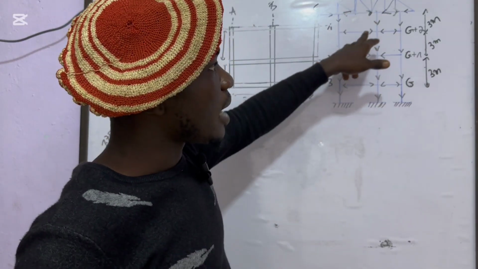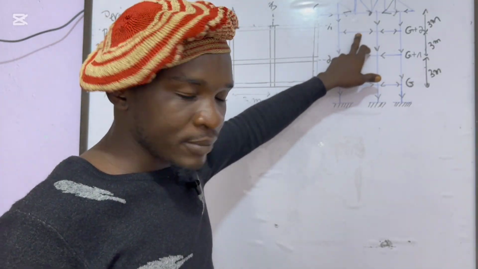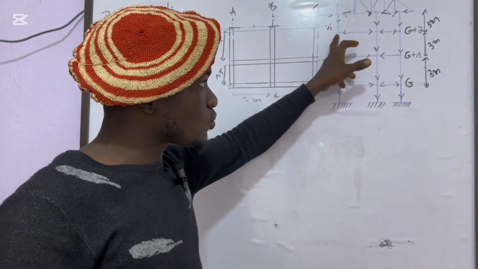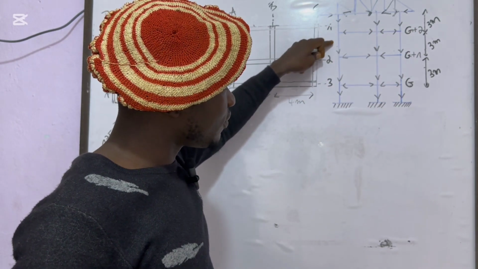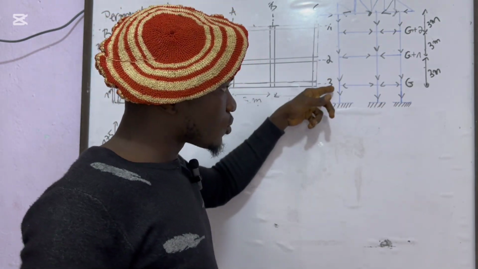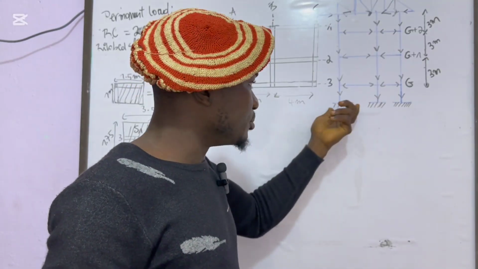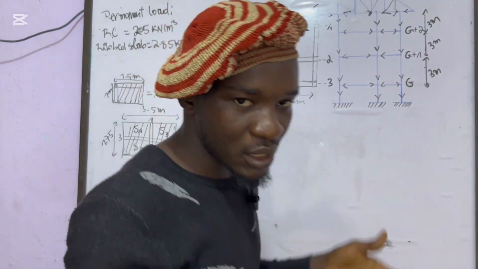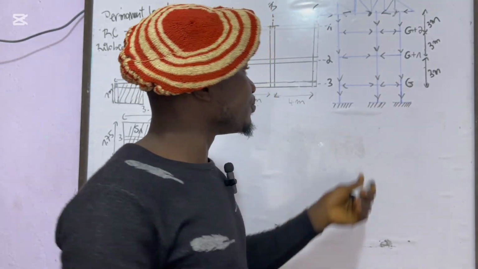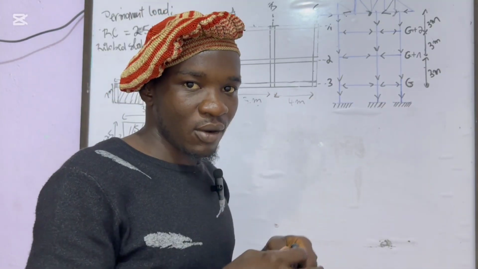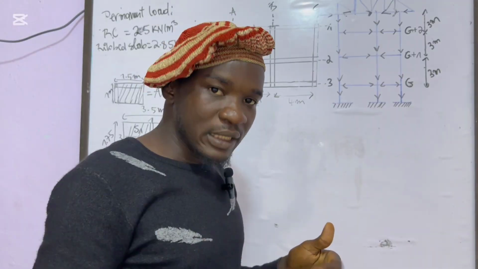This floor will also share: this is a beam carrying the slab, which will send half of its load this way and the other half to this joint, received by the column to the next level, and so on until it reaches the dwarf pillar, which is received by the footing, which by its own sends it to the ground. That's how load is transferred from the rooftop to the ground.